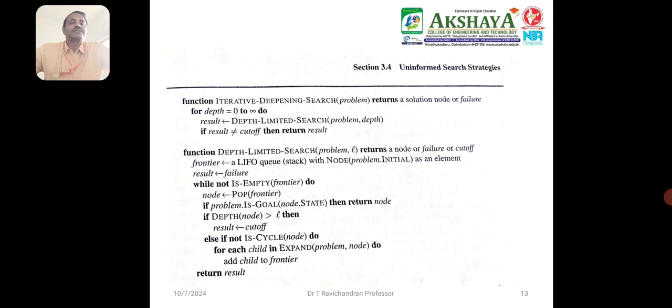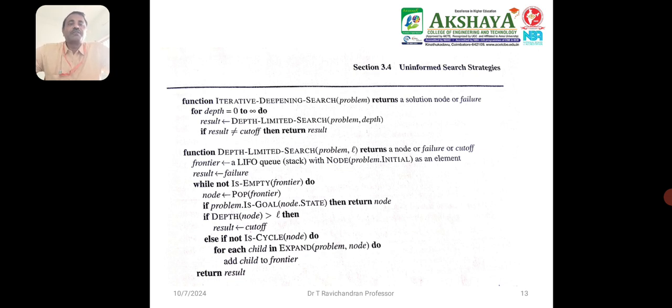The function of the limited search problem returns failure. The frontier is a stack structure, and the data are pushed into the frontier one by one. While the frontier is not empty, pop a node from the frontier.